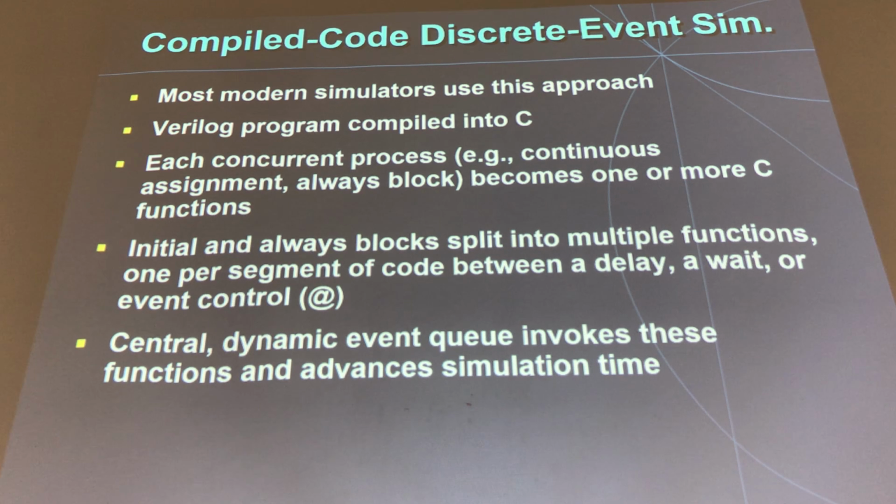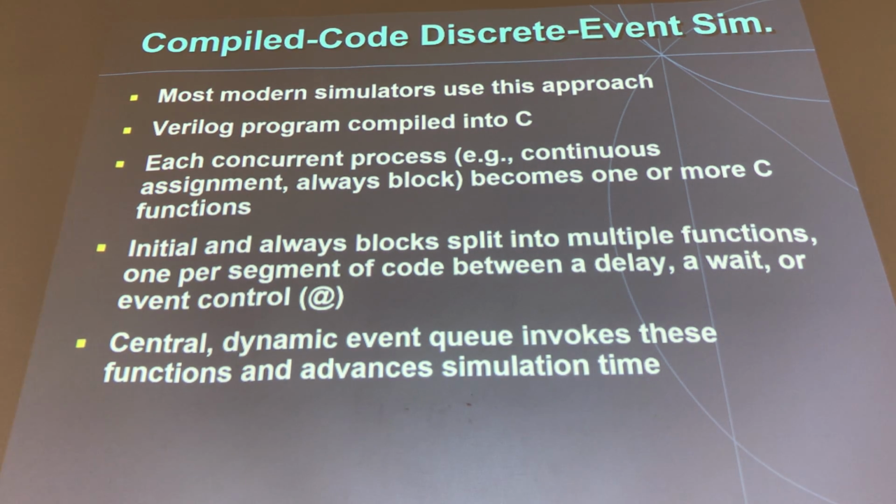So how is simulation handled? Actually, they try to compile Verilog code into C language. Each concurrent process, like a continuous assignment, becomes one or more C functions. The simulator will compile your Verilog code into a C program, and then run the simulation in C code. Initial and always blocks are split into multiple functions, one per segment of code between the delays.